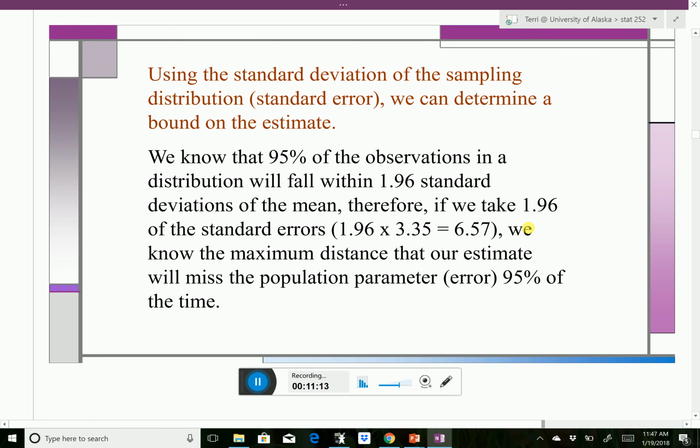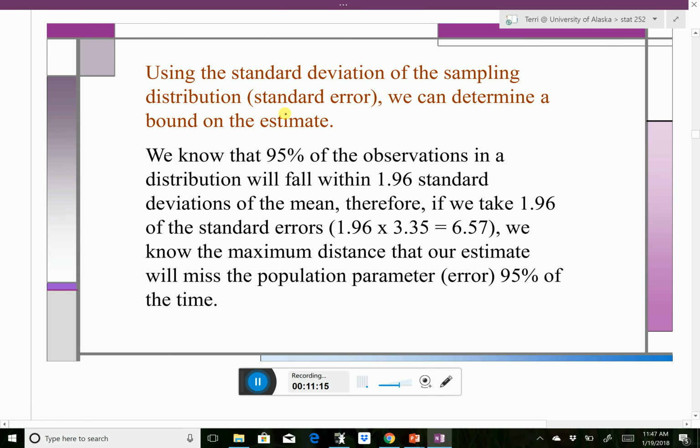Using that standard deviation, we can find a bound on the estimate. We know 95% of the observations will fall within 1.96 standard deviations of the mean. That was the picture we had before. So if we take 1.96 times 3.35, we get 6.57. We know the maximum distance that our estimate will miss the population parameter 95% of the time.